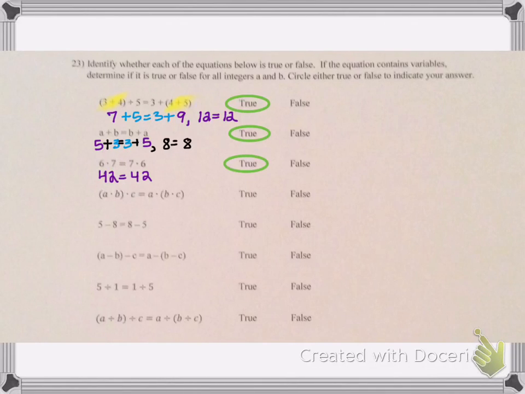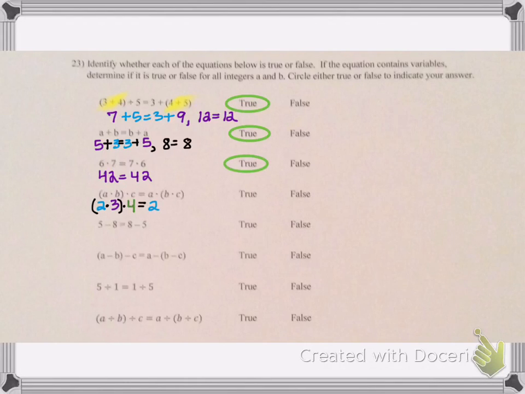The next one has variables, so again I'm going to choose values to substitute in for each different variable. I will choose a 2 every time I see an A. I will choose a 3 every time there is a B, and I will replace every C with a 4.